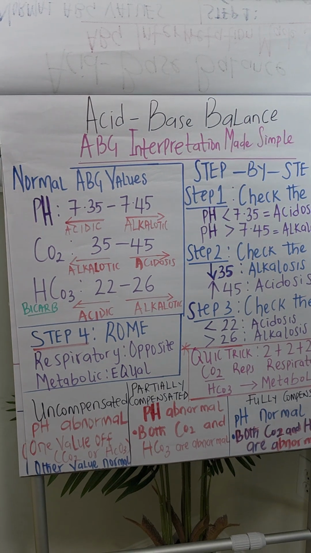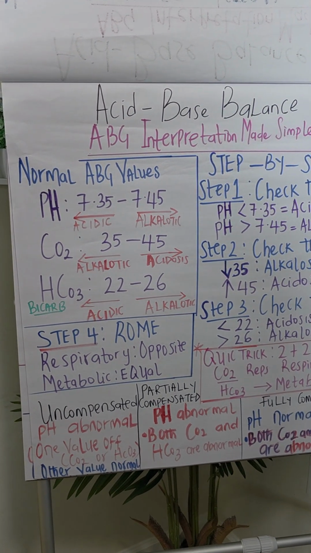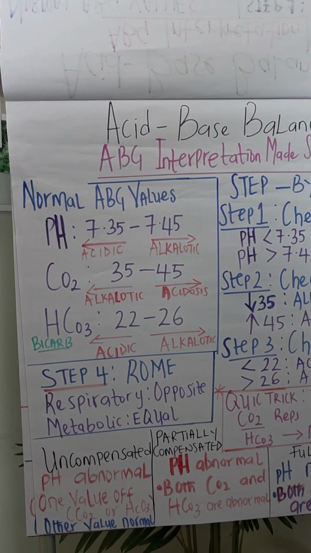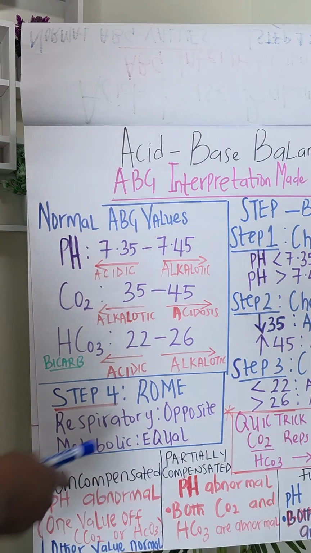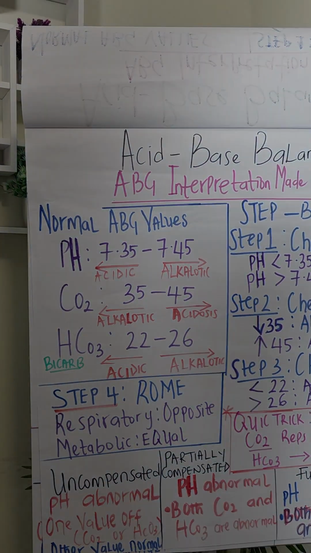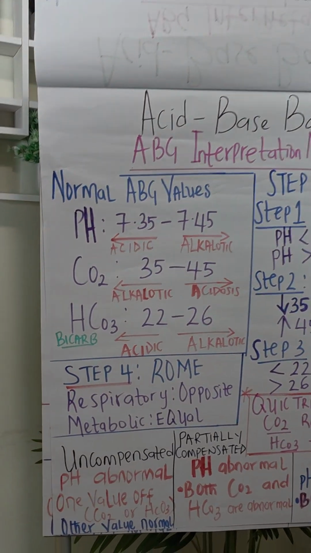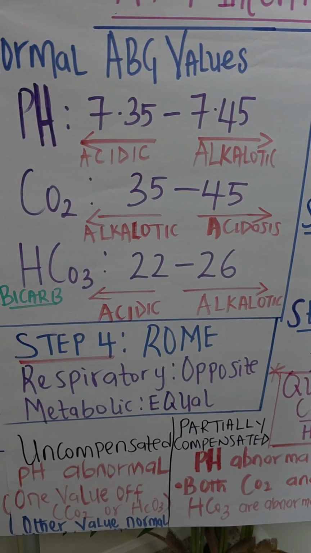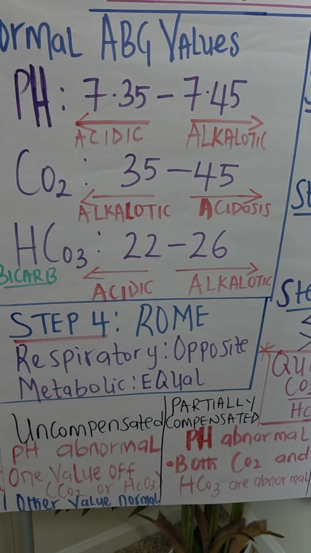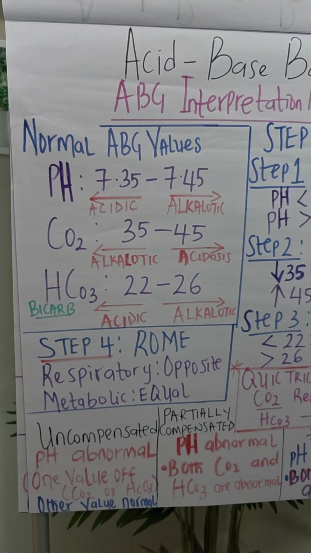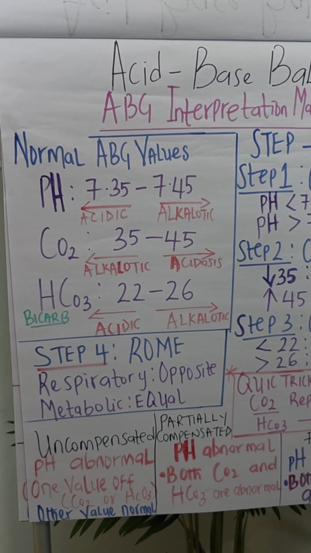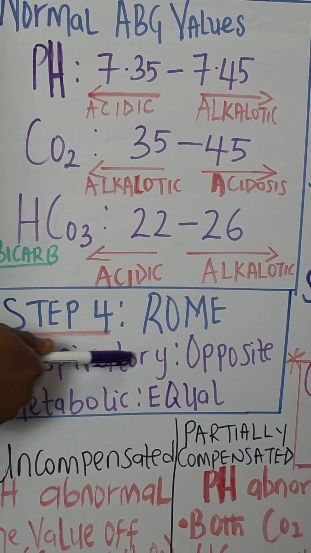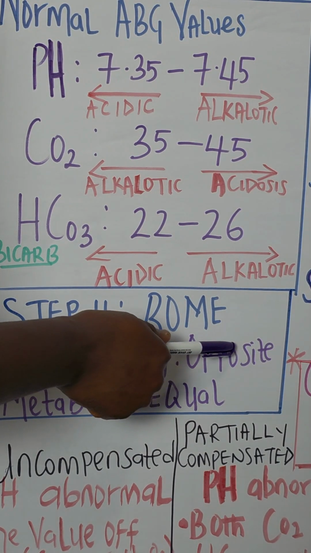Now that we know the steps for interpreting ABGs, let's talk about the 4 major acid-base disorders. A simple memory trick that you can use is ROME. R stands for respiratory, O stands for opposite, M stands for metabolic, and E stands for equal. Let me explain. In respiratory disorder, the pH and the CO2 move in opposite directions.